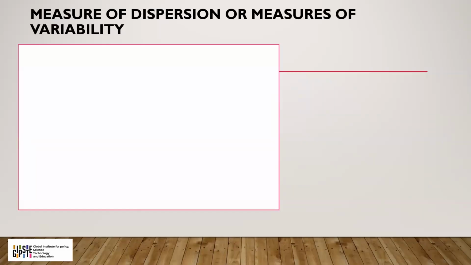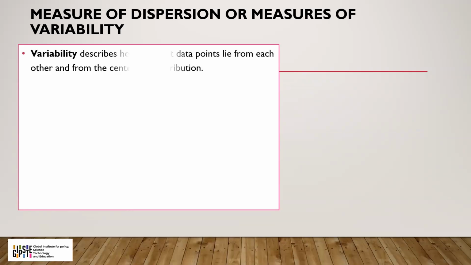Now, what is measure of dispersion or measure of variability? Variability describes how far apart data points lie from each other and from the center of the distribution. That is, how far the spread of the entire data is from the mean or from the central distribution.